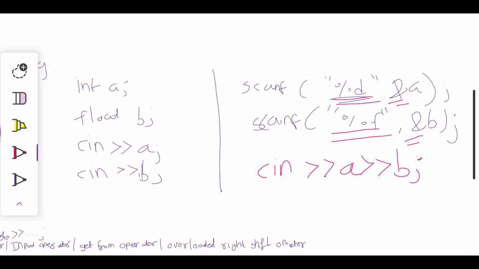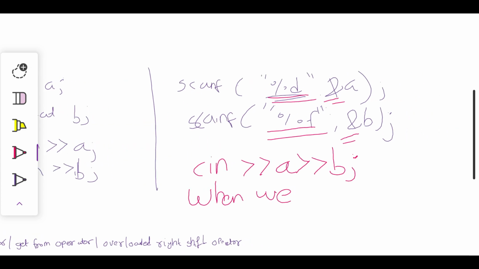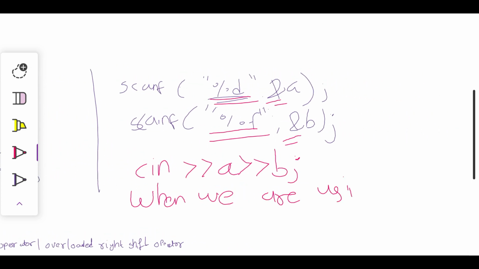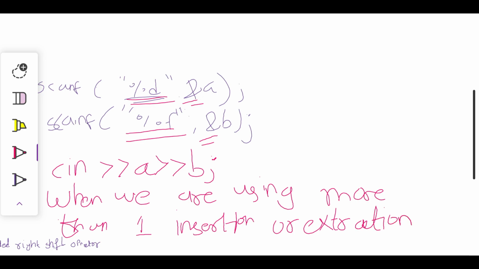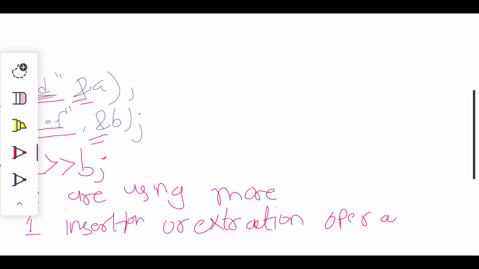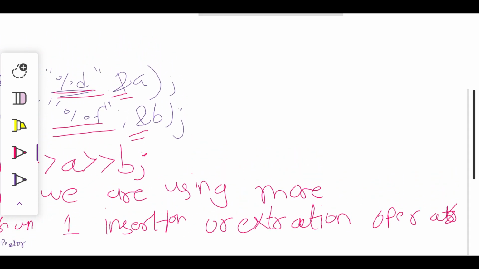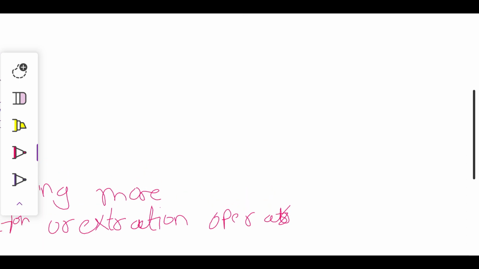If we are using more than one insertion or extraction operator, then it is called as cascading. क्या बोलते हैं इसे? इस कंसेप्ट को कैस्केडिंग बोलते हैं.